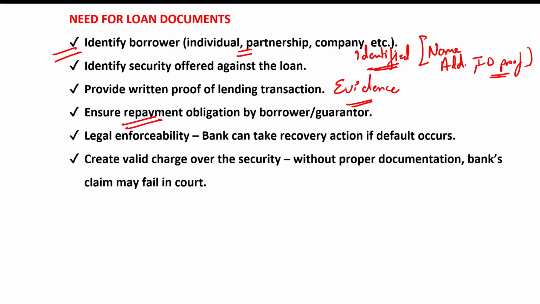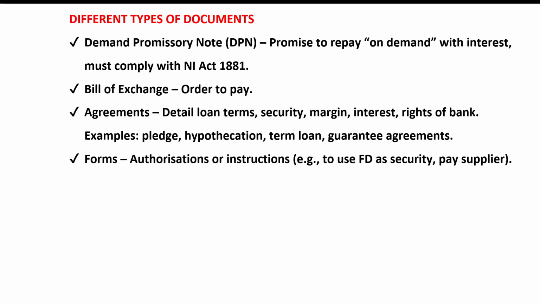Then they enable the bank to file a case and recover money in courts if the borrower defaults. So legal enforceability is there, and the documents create a charge on security. It gives the bank the legal right over the pledged or mortgaged assets until the loan is repaid.